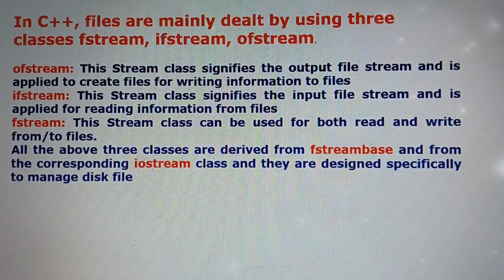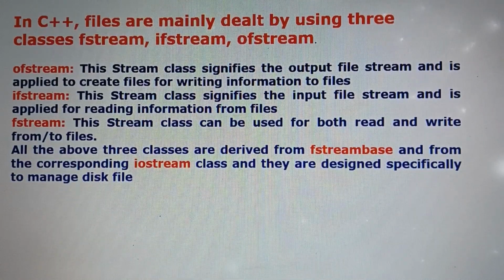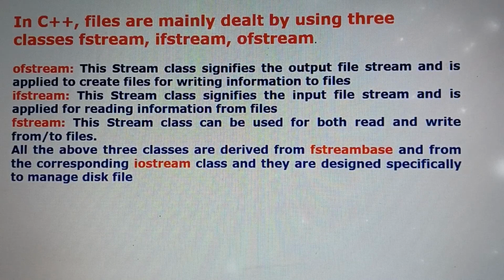Ofstream: this stream class signifies the output stream and is applied to create files and write information to files. Ifstream we can use for reading information from files. Fstream can be used to both read and write to files.